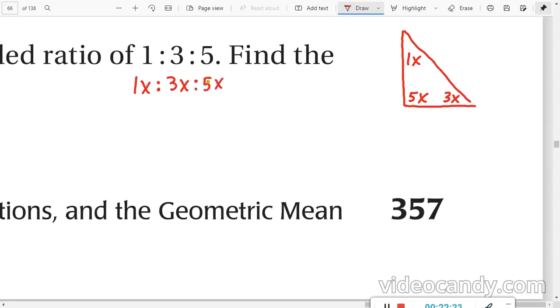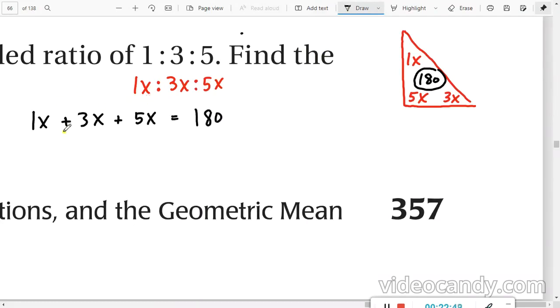All right, so as you know, the 3 interior angles of a triangle add up to 180 degrees. So we just add the 3 angles and set them equal to 180. 1x plus 3x plus 5x is going to equal 180.